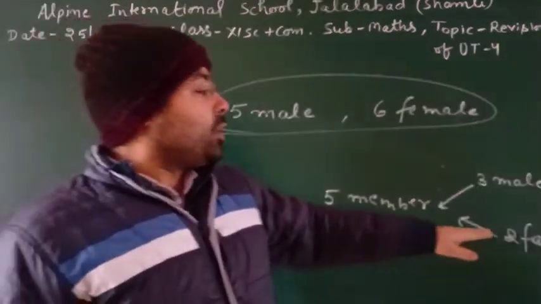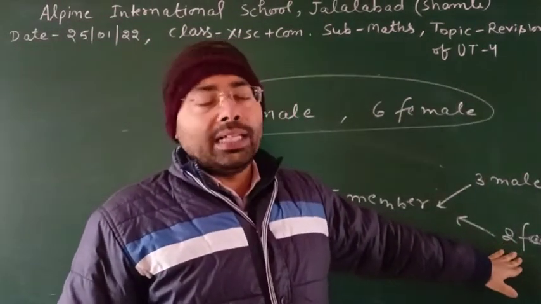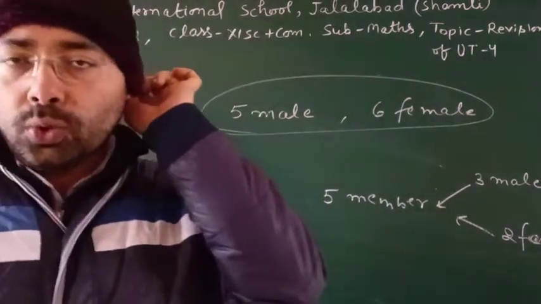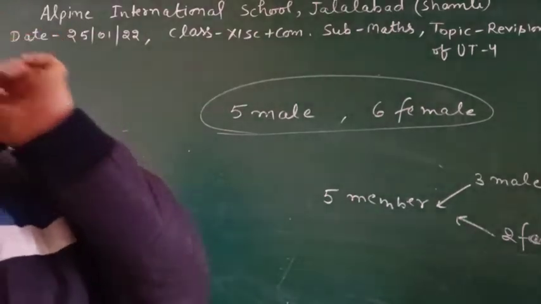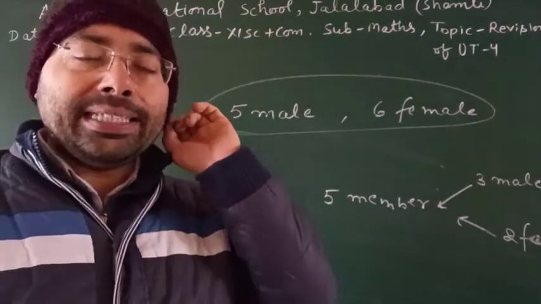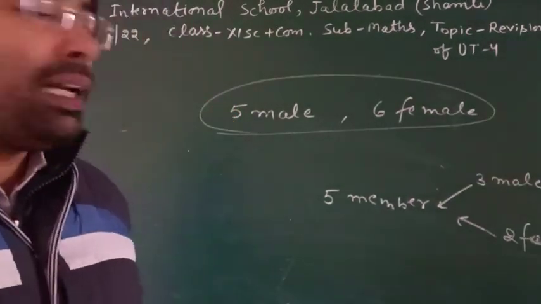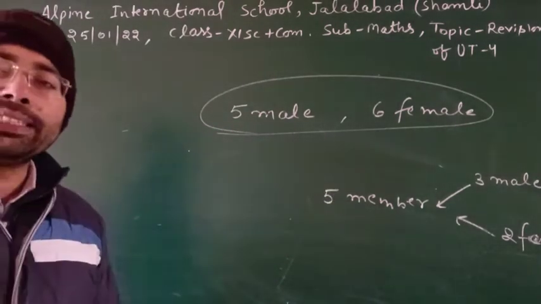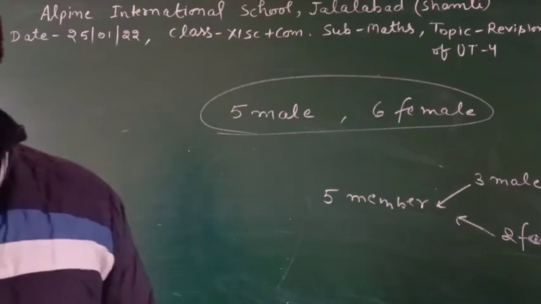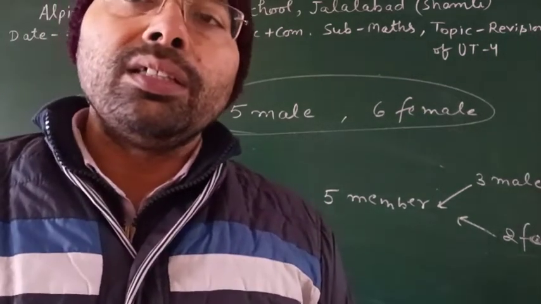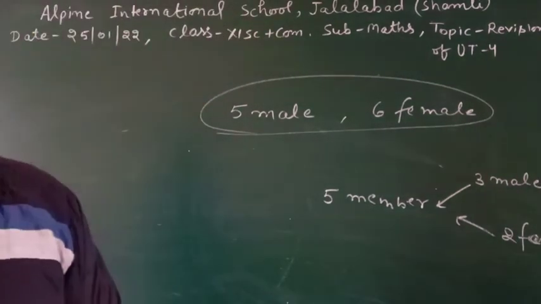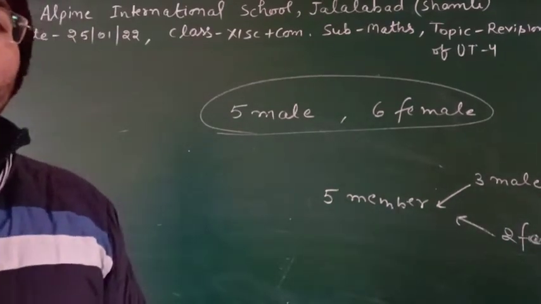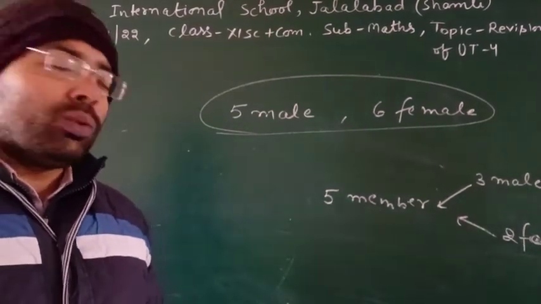Now remaining 2 female can be selected out of 6 female by 6C2. So by 6C2 we can select 2 female members, and by 5C3 we can select the 3 male members, and these are the 2 independent events.